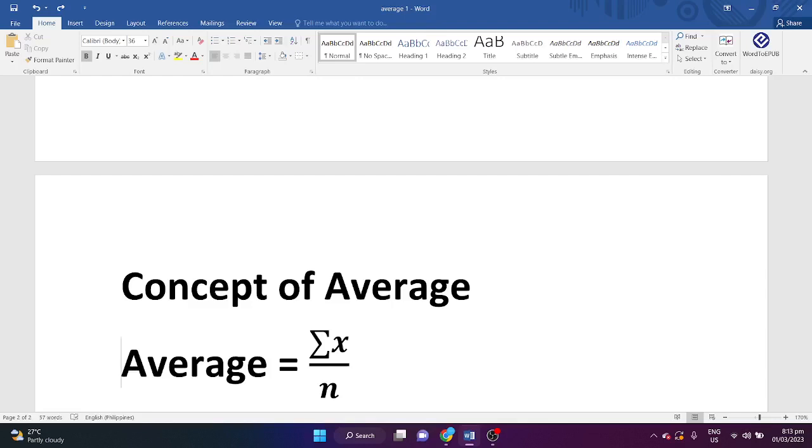So that should be summation of x over 7 is equal to 24, because we know that 24 is the average of the 7 numbers. Now, using the multiplication property of equality, or we can also do the cross multiplication, we can find the summation of x, or the sum of the values in our data set.